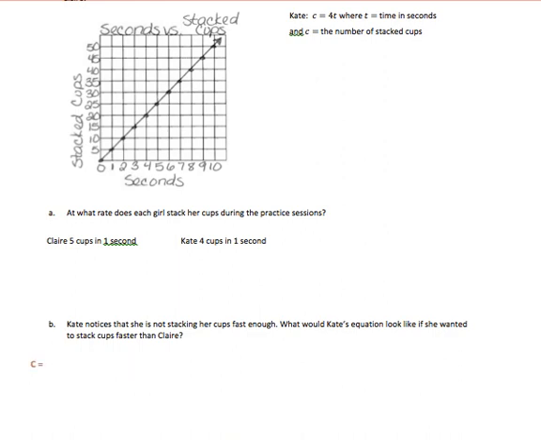But the most important thing is we need to have C is equal to some number greater than 5. So let's choose 6 times T. This constant could be 7, could be 8, could be 9. It could be any number greater than 5 because Claire's rate was 5 cups in 1 second.